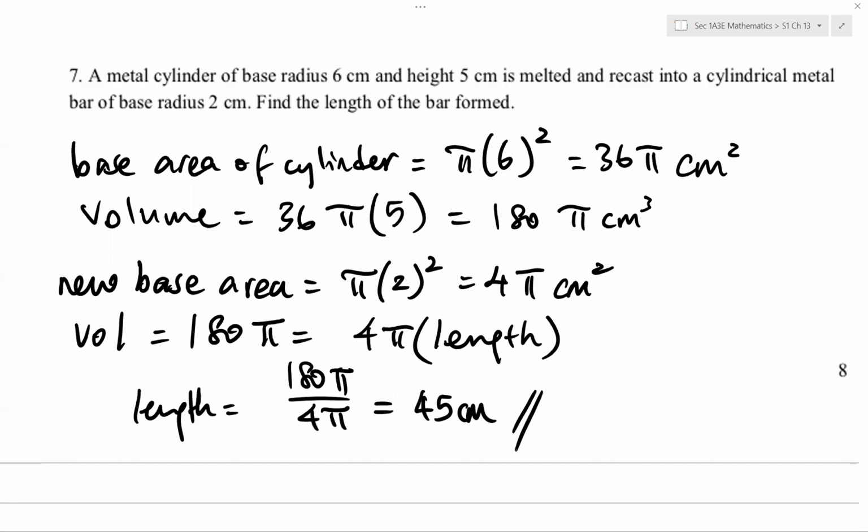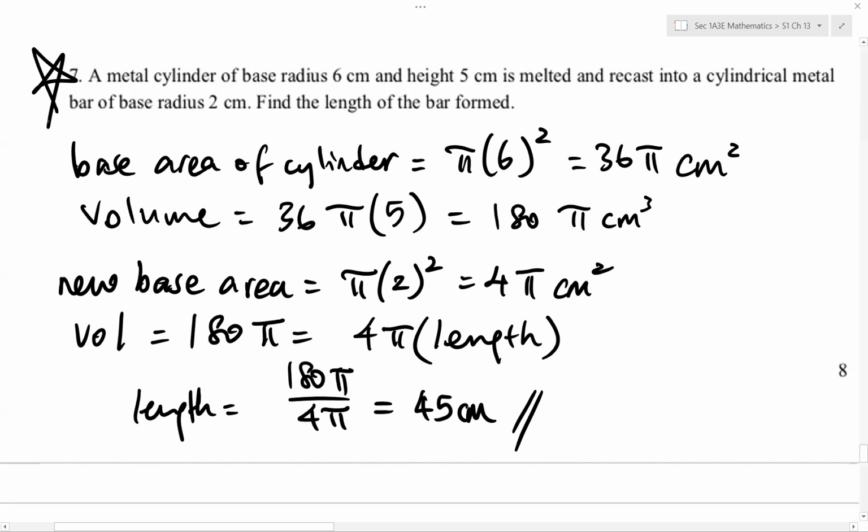For those of you who found the base area and the volume with 3SF or 5SF or any SF, no matter what you do, when you come to the final step for the length, your answer is only approximately 45. If you have done any rounding off, your final answer is going to be approximate only. Whereas if you left it in terms of pi, you will get exactly 45, which is what we are looking for.